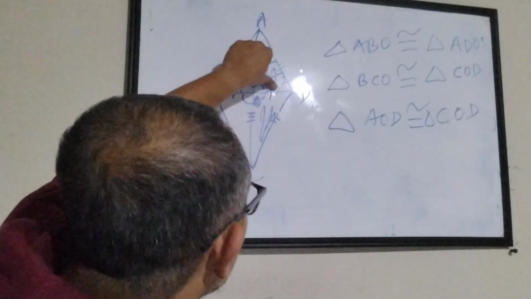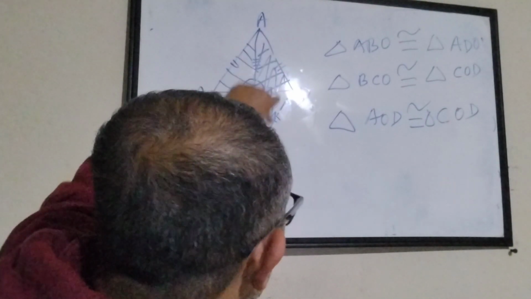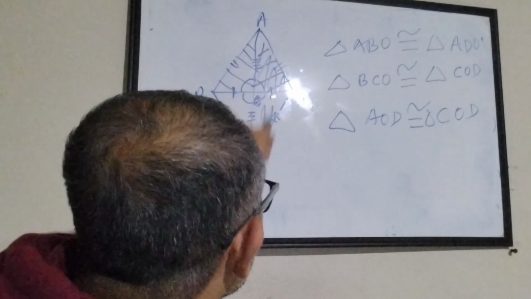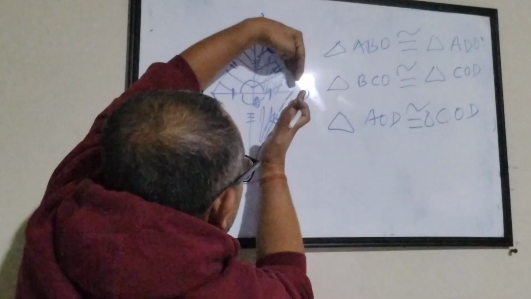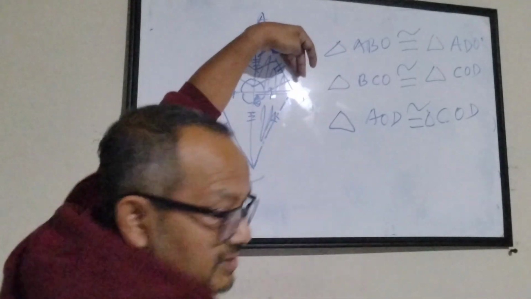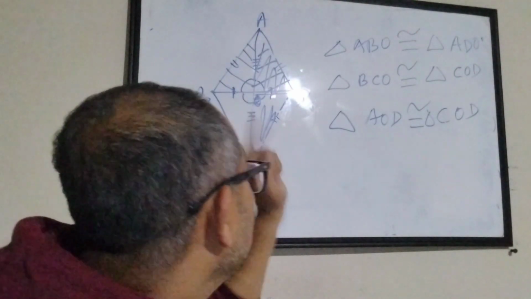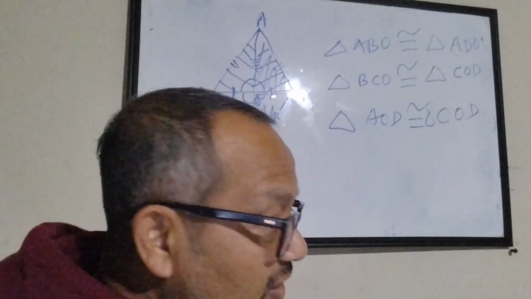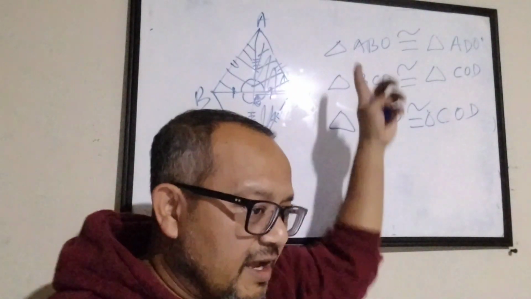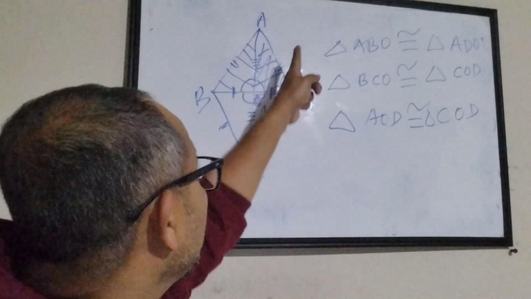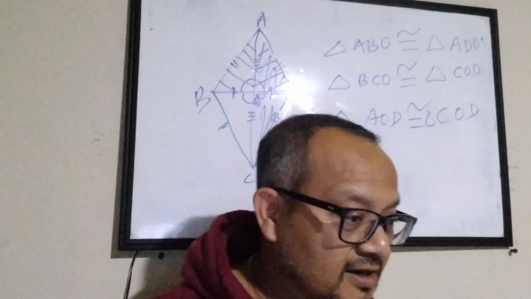I'm saying these two are also congruent. Why? Because the hypotenuse is the same and this side is common. Essentially what we are seeing here is when you have a rhombus, the diagonals split it into 4 equal right angle triangles.